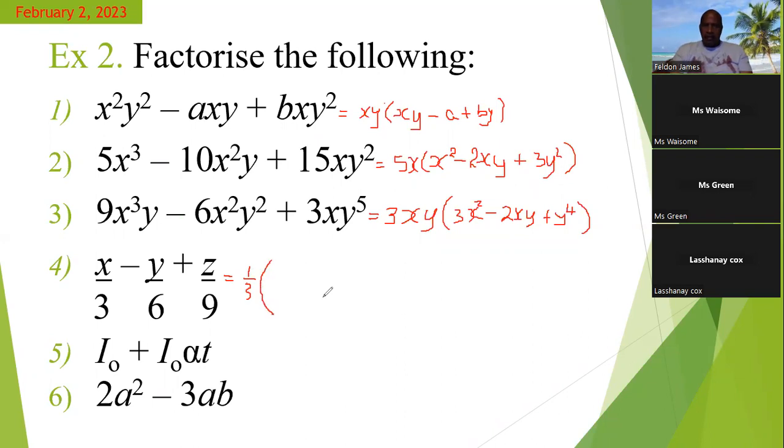Then 1 into 1x would have left you with just 1x, so x. And then 3 into 3 would be 1. So that would be x over 1.